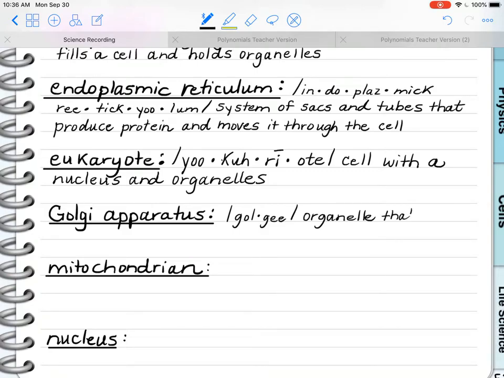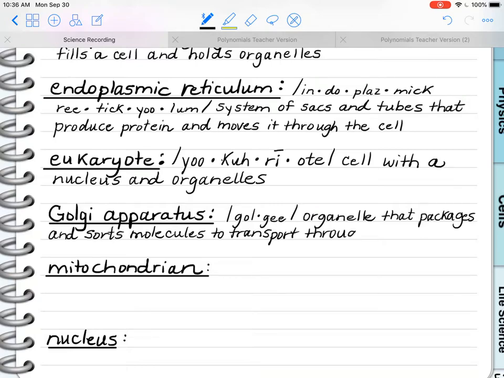So it's an organelle that packages and sorts molecules to transport through the cell.